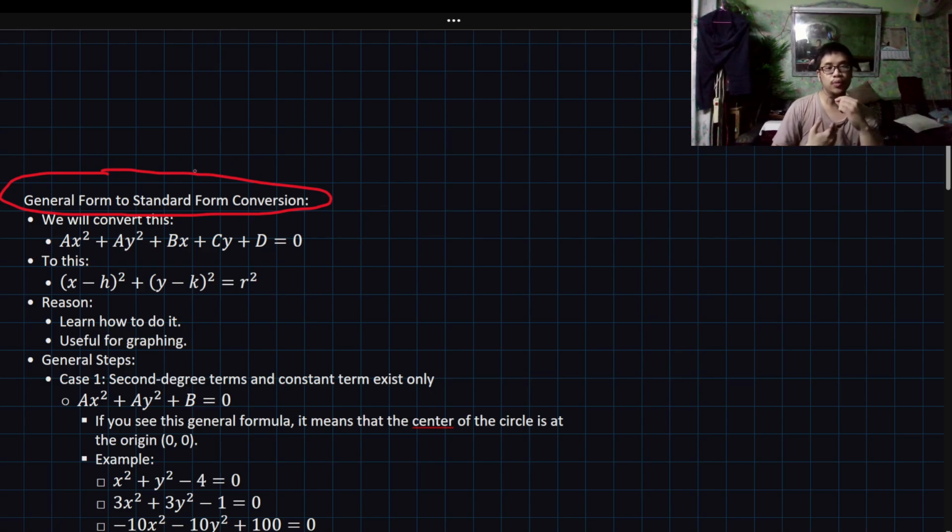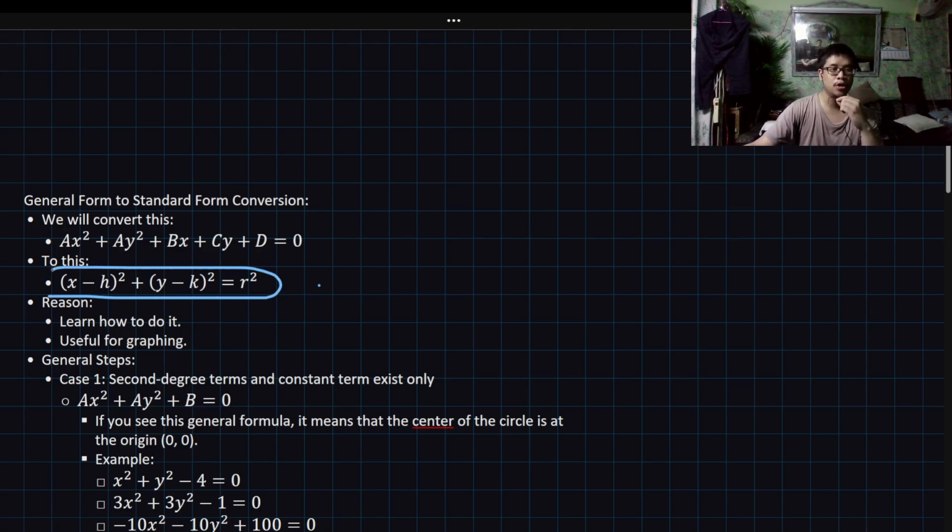Now, why do we need to do this? We have the general form, ax squared plus ay squared plus bx plus cy plus d is equal to 0. Now imagine you're going to convert it into the square of x minus h plus the square of y minus k is equal to r squared. This is our goal. What's the reason?